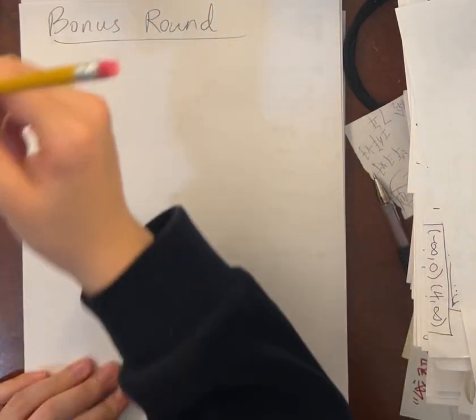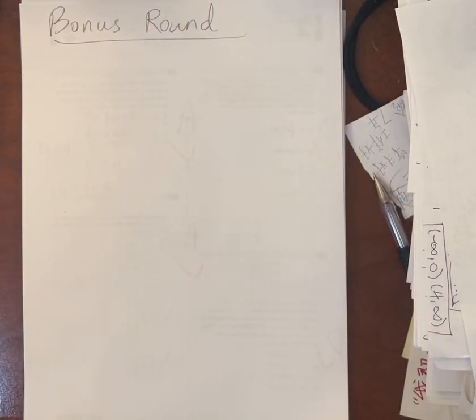Bonus round. Okay, so when we're graphing the inverse sines and inverse cosines and inverse tan, all of that stuff, there are restrictions. The restrictions mean that the trig functions have to be 1-to-1. This is really useful when we are drawing the inverse functions.